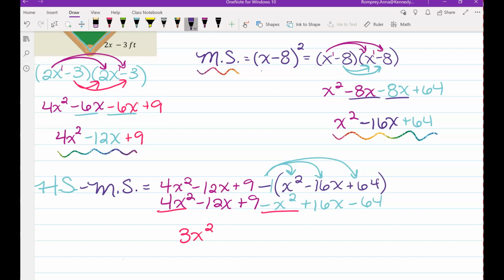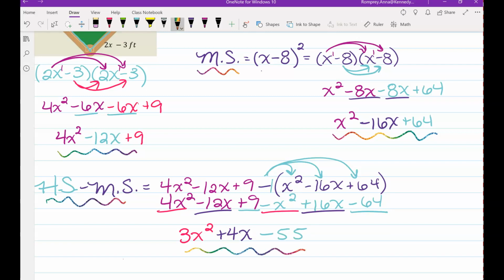Negative 12x and positive 16x gives us a positive 4x. And positive 9 and negative 64 gives us negative 55. So the difference in the base paths is 3x squared plus 4x minus 55.